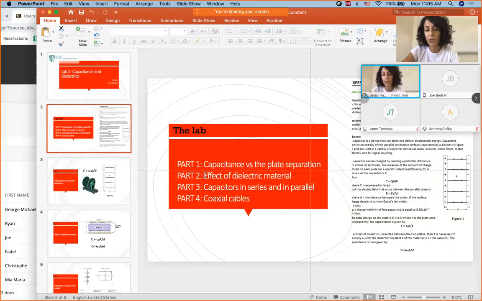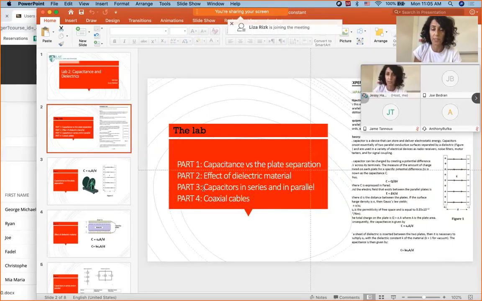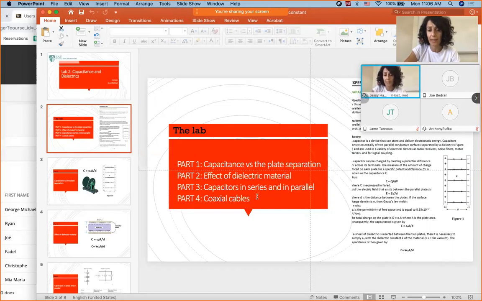Then you're gonna insert a dielectric between the plates and see the effect. And then move to another set of capacitors, connect them in series and in parallel. Trust me, the connections are difficult and you're lucky because I'm gonna do the connections for you and give you the results. This is something you will be missing. And eventually coaxial cable, which is only one trial to try, and we're gonna see the video together.